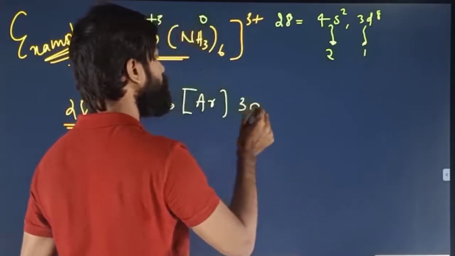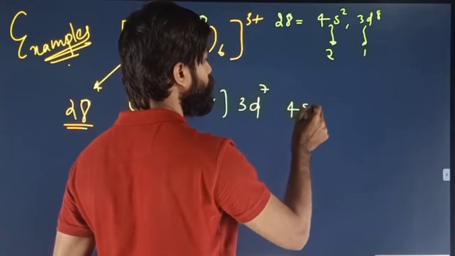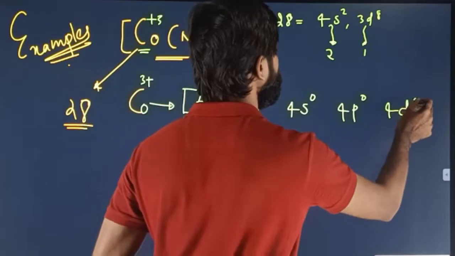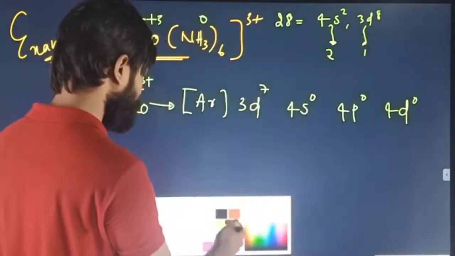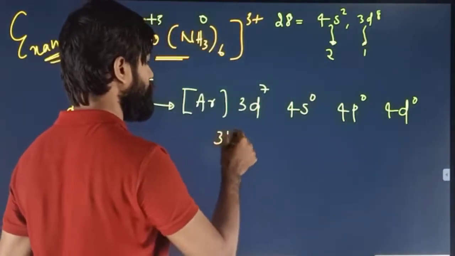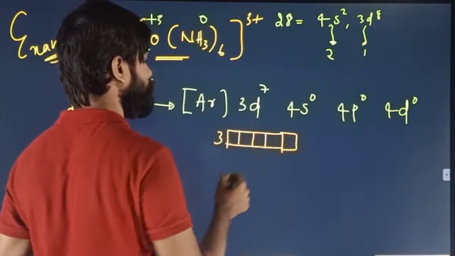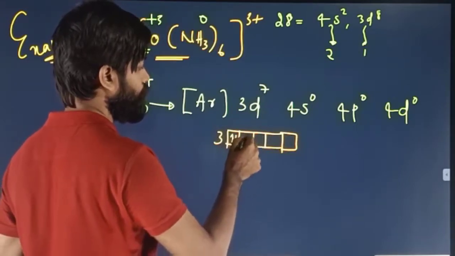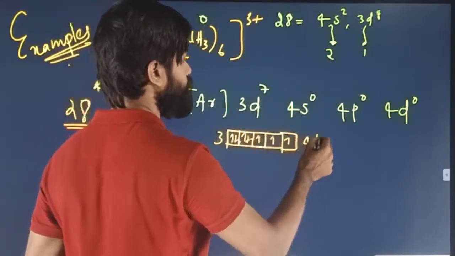So the final configuration is 3d7, and 4s is 0, 4p is 0, 4d is 0 also. Okay, fine. So now consider this 3d7.